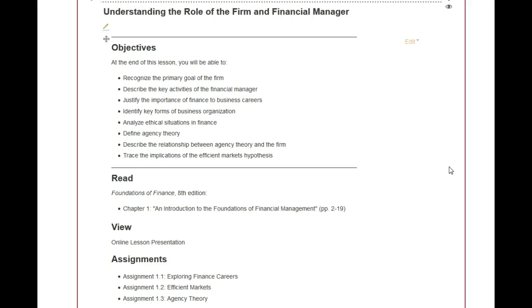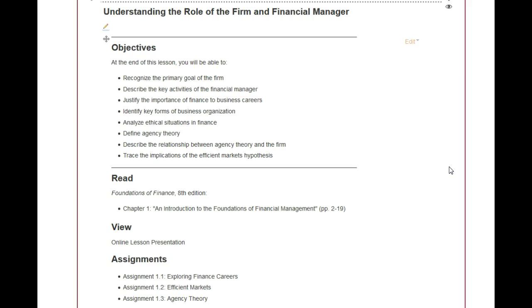Some of the roles that you'll find in financial management would be the chief financial officer, who oversees the financial planning, the strategic planning, and the control of cash flow. Under those are the treasurer and the controller.